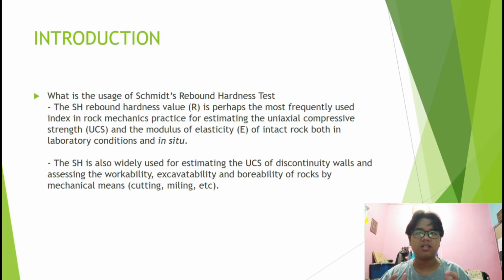The Schmidt's hammer is also widely used for estimating the UCS of discontinuity walls and assessing the workability, excavability, and borability of rocks by mechanical means such as cutting, milling, etc.